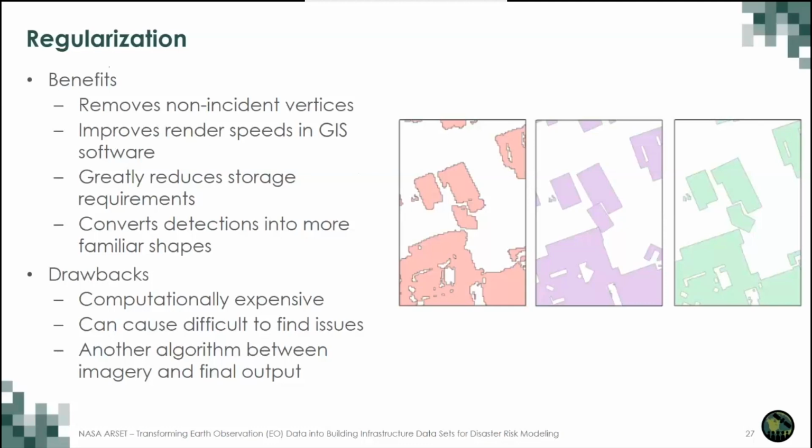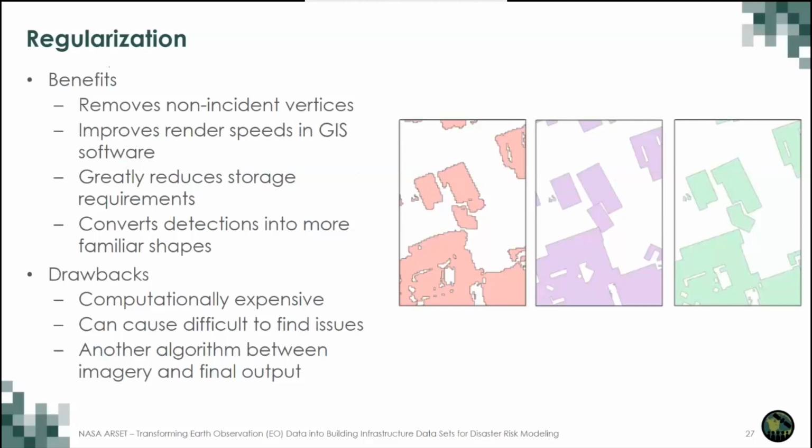There are a couple of drawbacks with regularization. It's computationally expensive. Oftentimes these algorithms can take a very long time to run. And sometimes they can cause difficult to find issues. If you look at the middle example where the purple polygons are, you'll see that the middle polygon has been manipulated in a way where it's overlapping two other polygons.